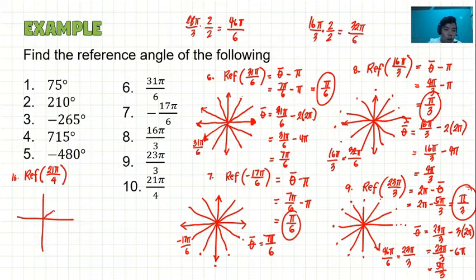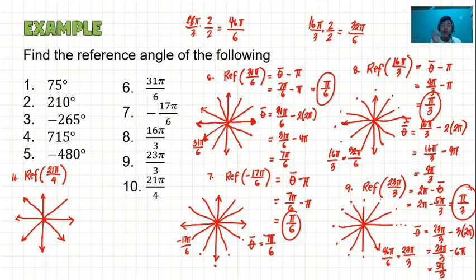So this is 1 pi over 4. This is 2 pi over 4. We have 3 pi over 4. Then 4 pi over 4, 5 pi over 4, 6 pi over 4, 7 pi over 4, and then 8 pi over 4. Therefore, one revolution is 8 pi over 4.